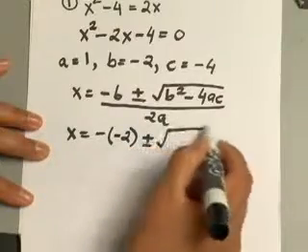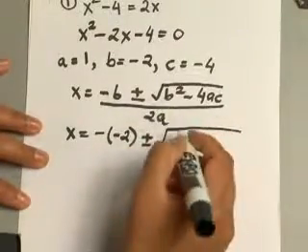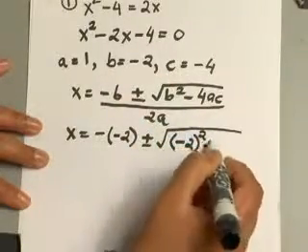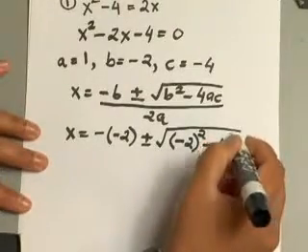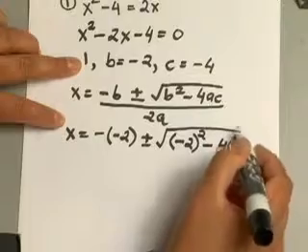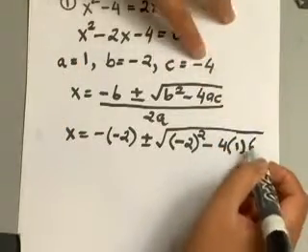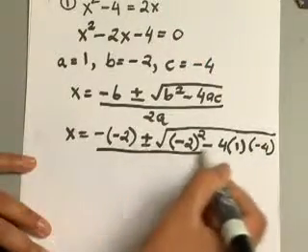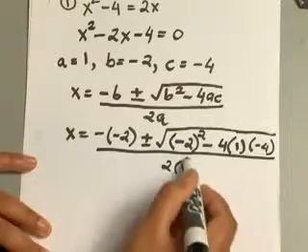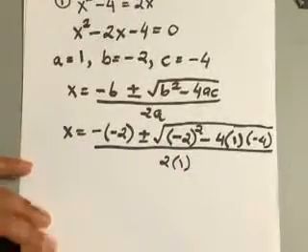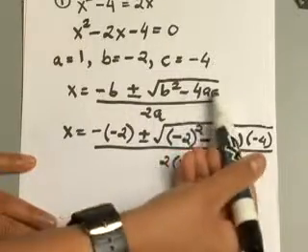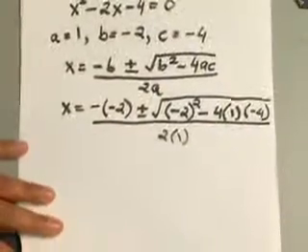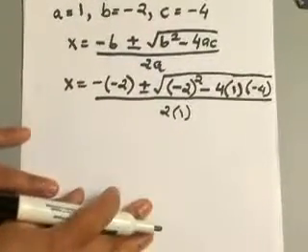Plus or minus, inside your radical, you have b squared, and b again is negative 2, so square that, minus 4 times a, which is 1, times c, which is negative 4, and this whole thing is over 2 times a, and again a is 1. So for every variable a, b, and c, go ahead and substitute the coefficients that you identified here, and now we're ready to solve this. So let's see how to do that.